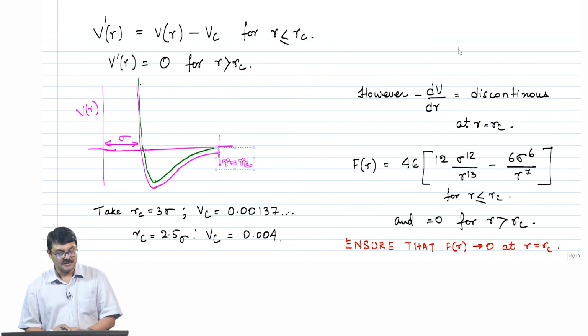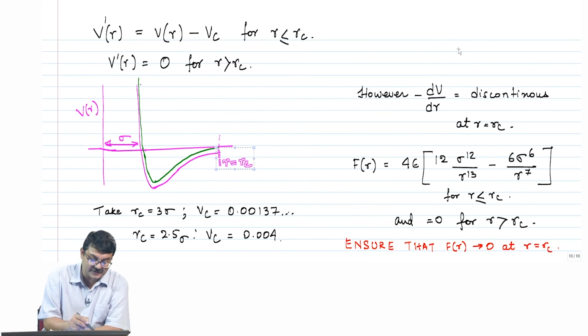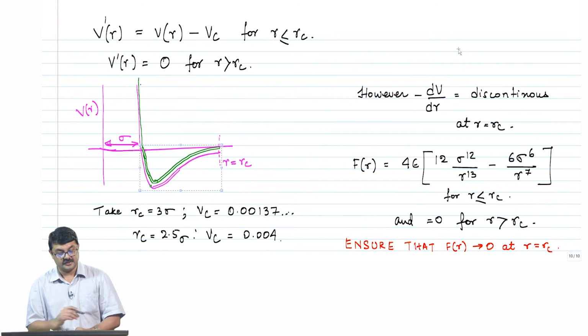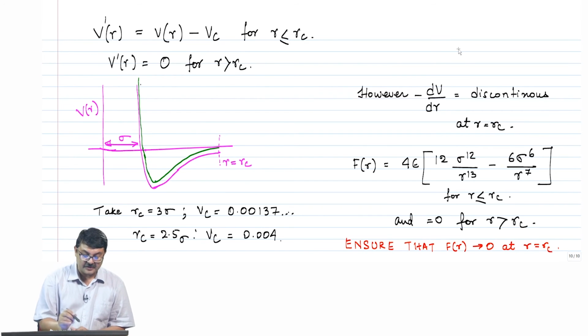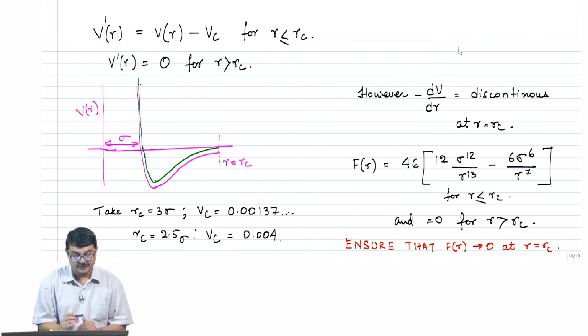What is the solution? A priori the solution looks quite simple: shift the potential up. So, instead of this magenta colored potential which you had a look at in the previous slide, you have this green curve, which I have just shifted.